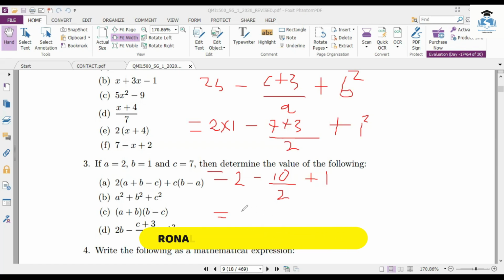Then 2 minus 5 plus 1. Then the answer is minus 2.